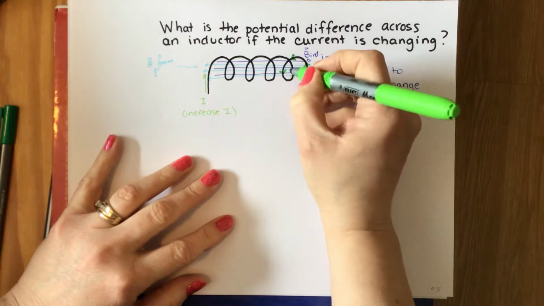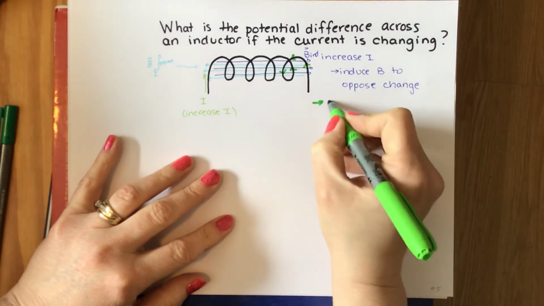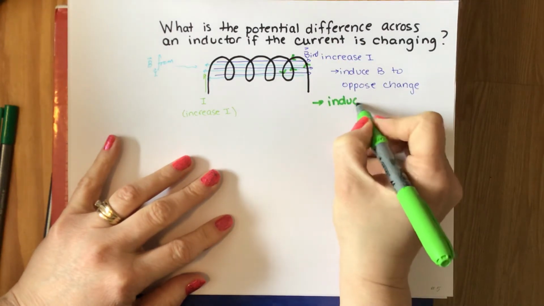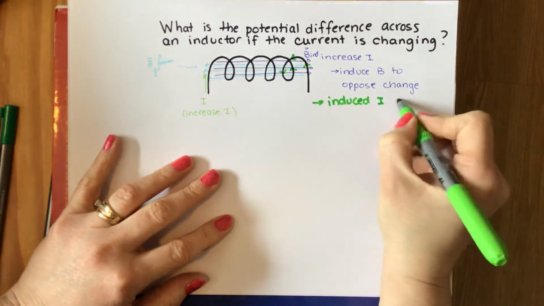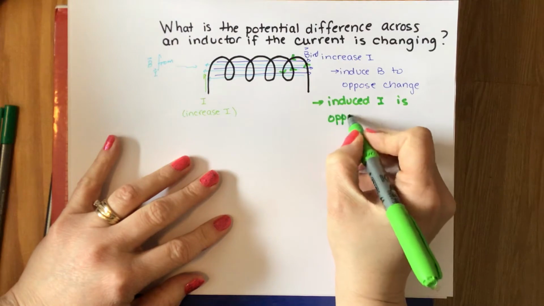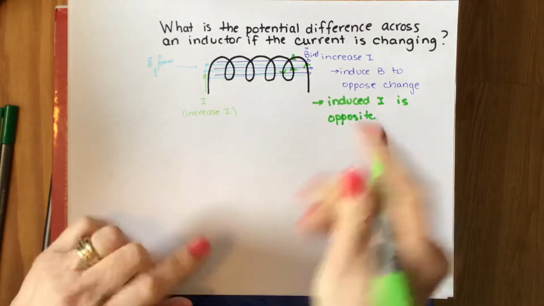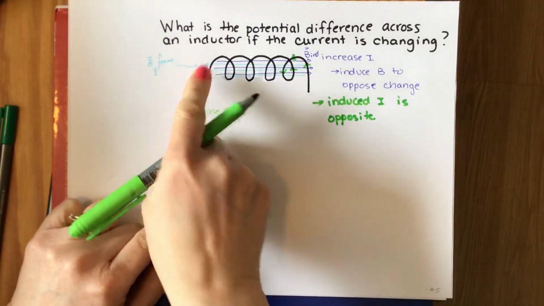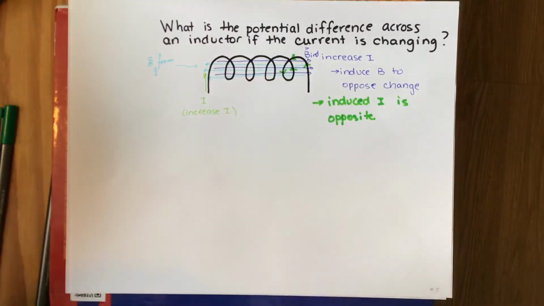So it's going to be opposite in direction. So our existing current came up in the front, our induced current comes down in the front. And it has to be opposite, so we get those opposite magnetic fields to oppose the change.